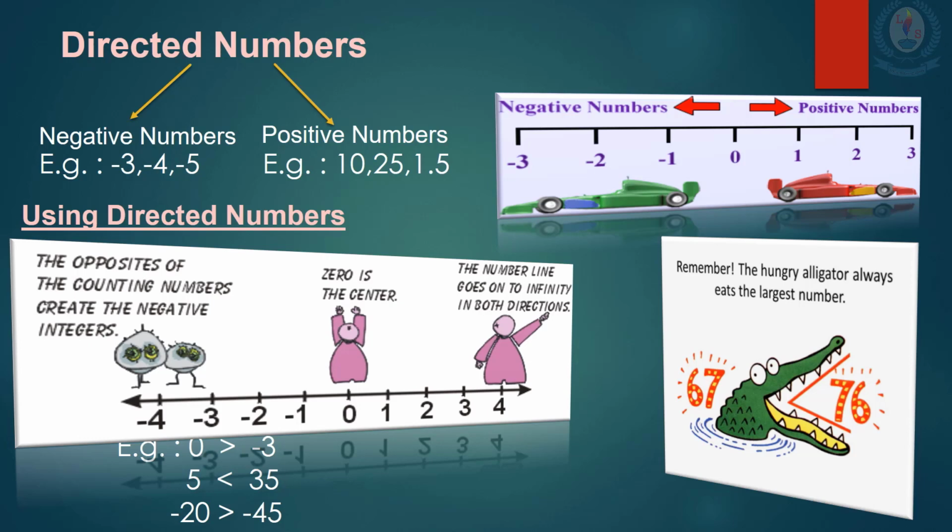Numbers. Numbers can be divided into so many groups, mainly negative numbers and positive numbers. On the number line, we can interpret positive numbers as position to the right of 0 and negative numbers as position to the left of 0.